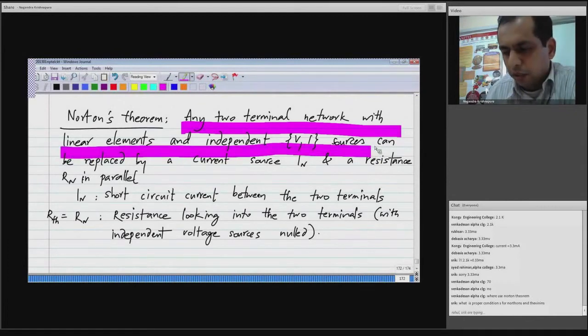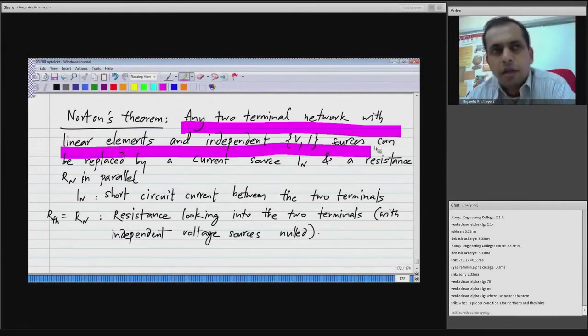Any two-terminal network with linear elements and independent voltage and current sources. If you have a circuit that is like this, then it can be represented with either Thevenin or Norton equivalent circuit. So if you have nonlinear elements, you cannot do this. And also one thing which I mentioned last week as well, that if you do have dependent sources in this, that is okay, but it should be dependent only on quantities inside N. You cannot have them externally controlled.